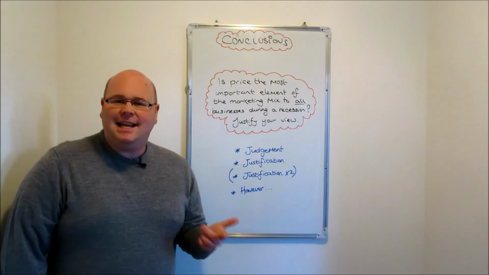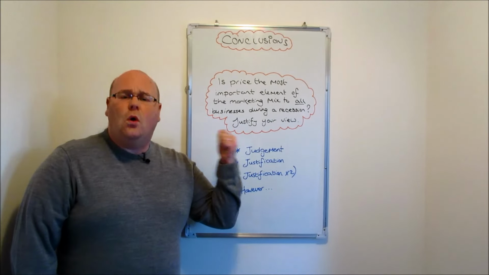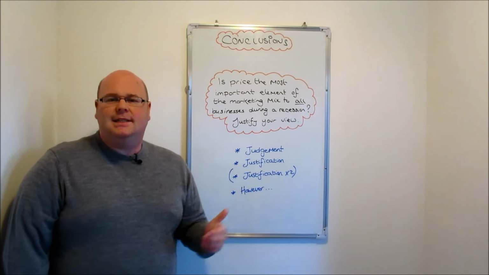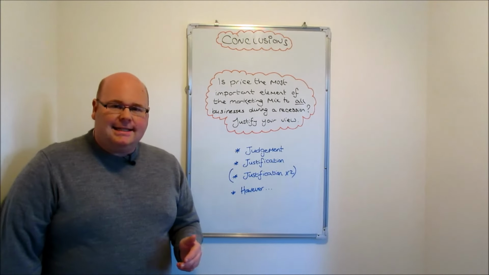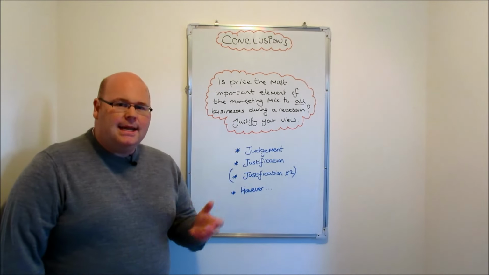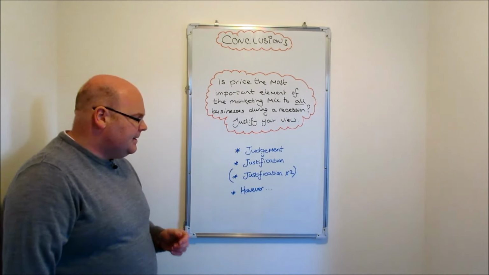And so that's my second justification as to why price is not the most important element for all businesses, because some businesses have got products with really strong brand names. So if we can, we'd squeeze in that second justification. That's only going to make our conclusion even more wholesome, even more convincing.